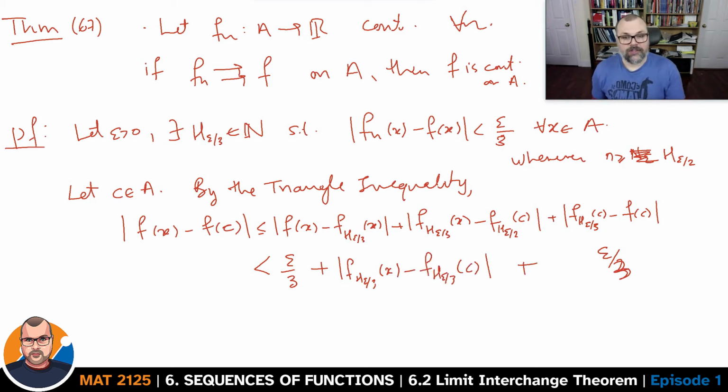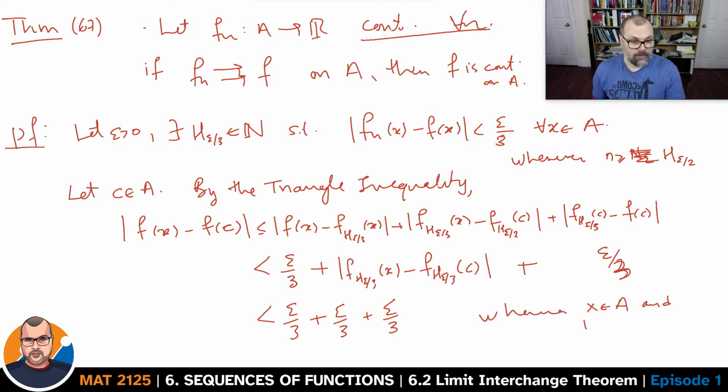But this function, f_N, is one of the f_n's, so it is continuous. In particular, it's continuous at c. So this would be smaller than epsilon over 3 whenever x is in A and the absolute value of x minus c is smaller than the corresponding delta for that specific function. This is by continuity of f_N.